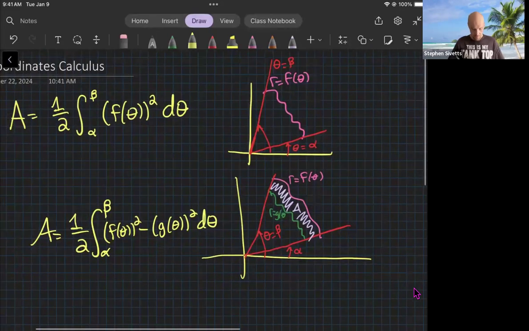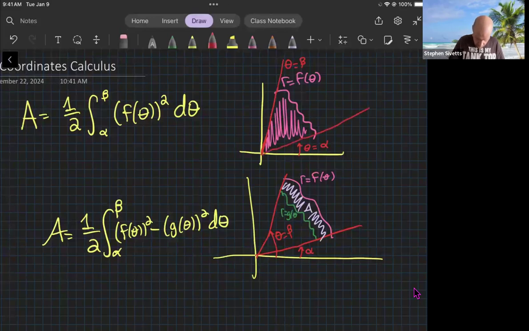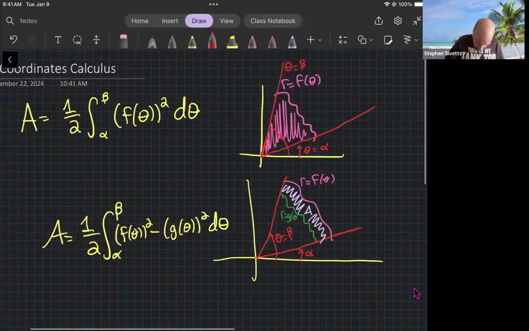So the area that I'm talking about here in this example is this pizza slice right here, right? And this bigger angle is theta equals beta, right?